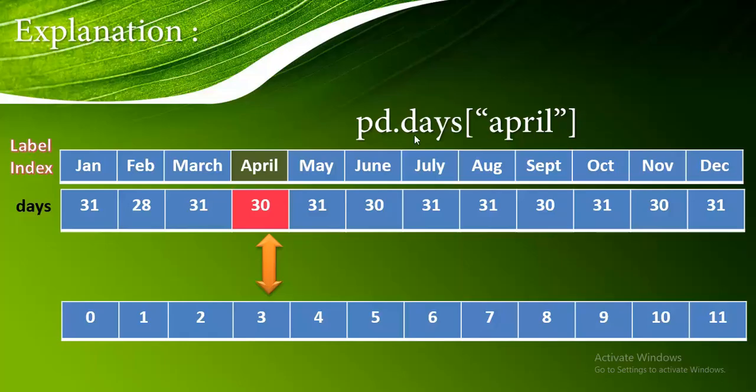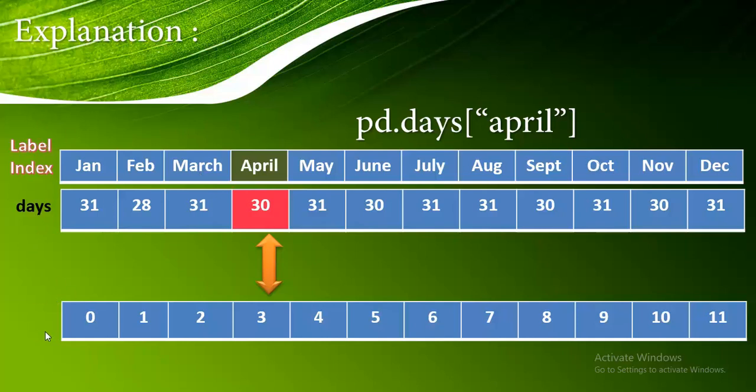Now we have also another method to access a series, that is the label index. Suppose you want to replace 0 by some label, say January, 1 by February, 2 by March and so on.